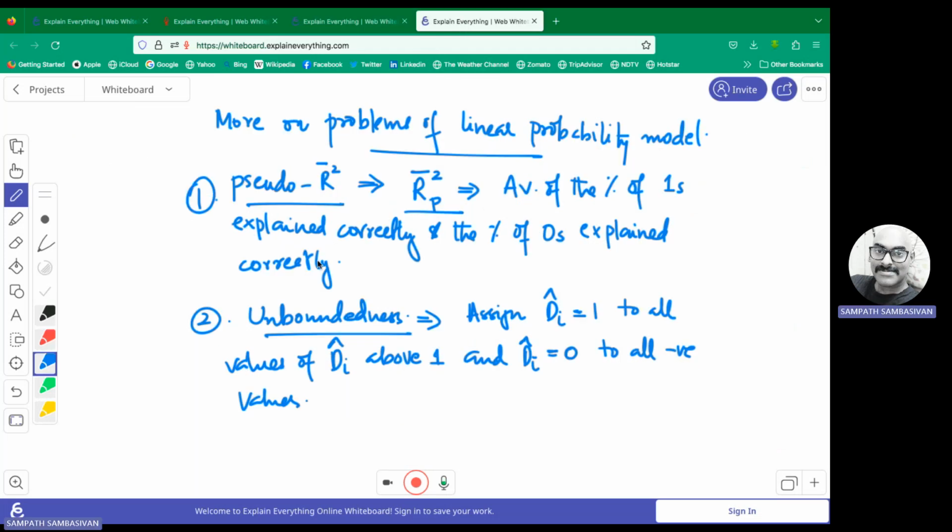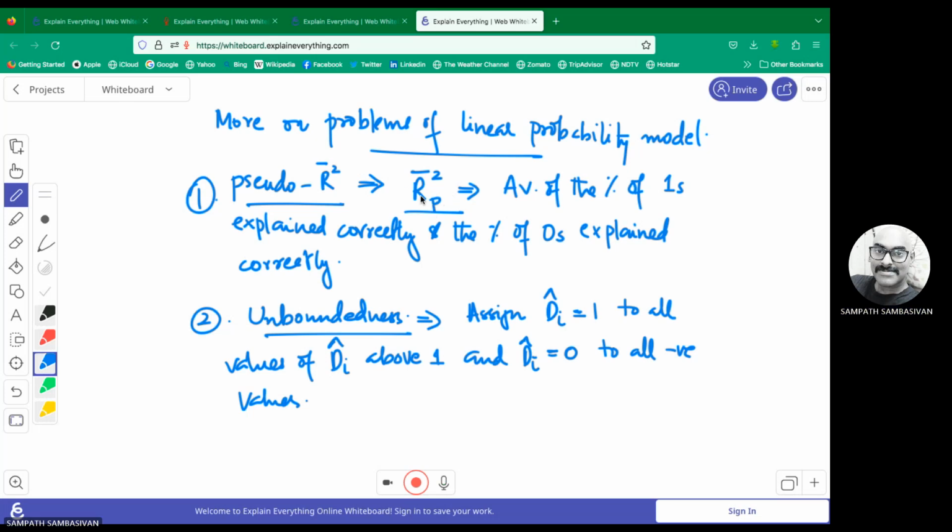Now, to go ahead and talk a little more about the problems related to linear probability, I have told you that adjusted R square becomes unreliable. So what do we do? As a coping mechanism, you have a new statistic that is often used in the case of the linear probability model, which is called pseudo R square.